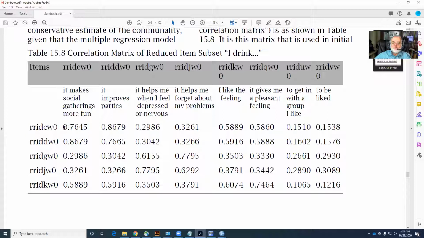So if you did a regression predicting item C, this makes social gatherings more fun, and had as your predictors all of these other manifest variables, the squared multiple correlation you would get would be 0.7645. And in the same fashion, if this is the criterion and all of the other items are the predictors, you're going to get this as a squared multiple correlation.